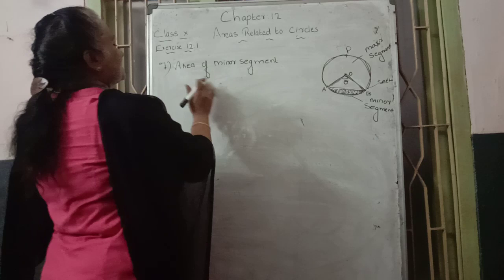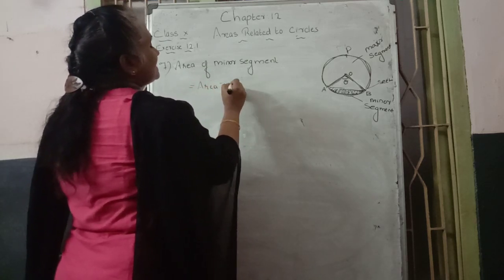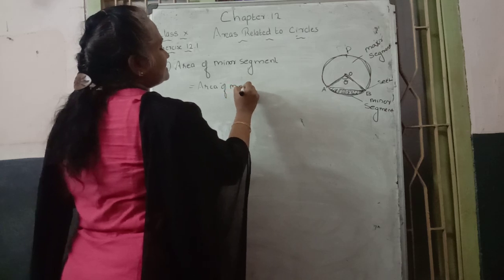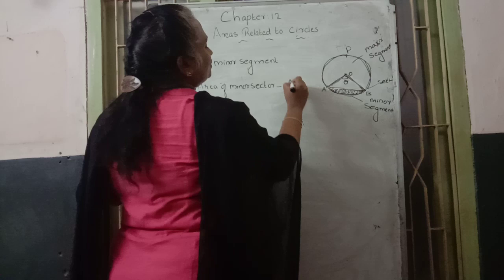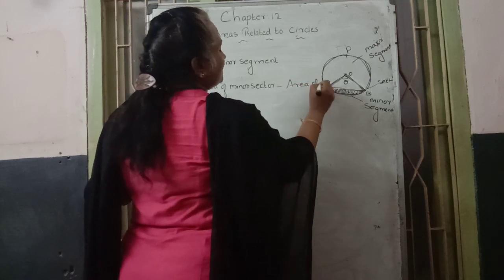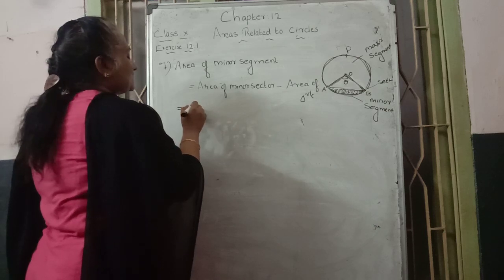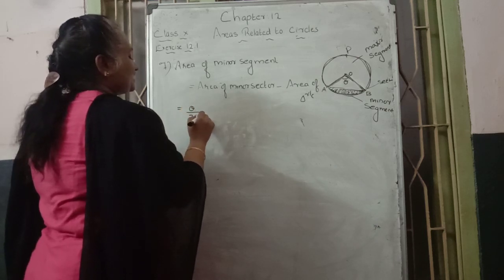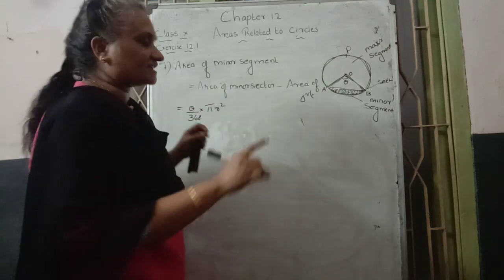That's why, area of the minor segment: how to find out? Remember, the minor sector is subtracted with the area of the triangle. Area of the minor sector, what is the formula? Theta by 360 degrees into pi r square is the area of the minor sector.